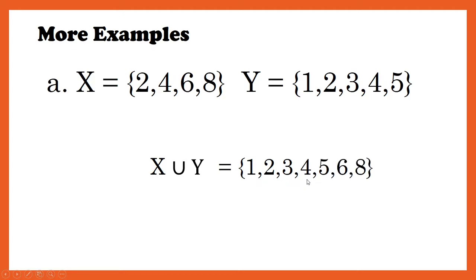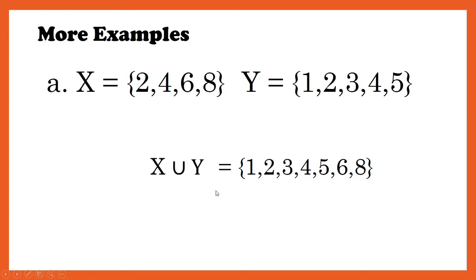So we have 1, 2, 3, 4, 5, 6, 8. Notice that even though there are two 2's and 4's, we do not write them twice. So that means there are 7 elements in the union of X and Y.